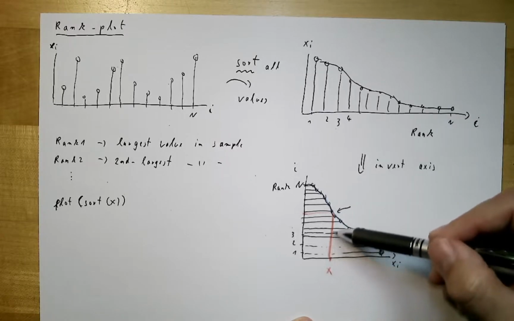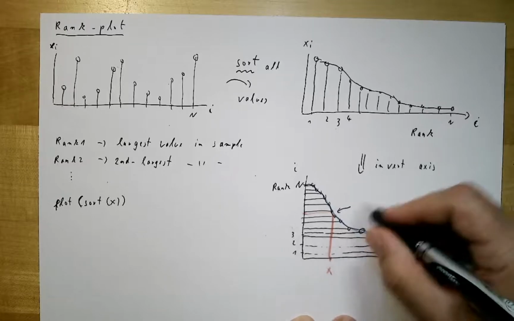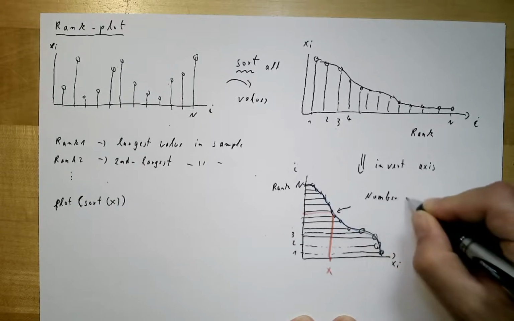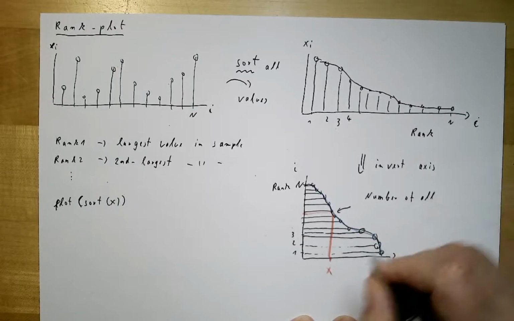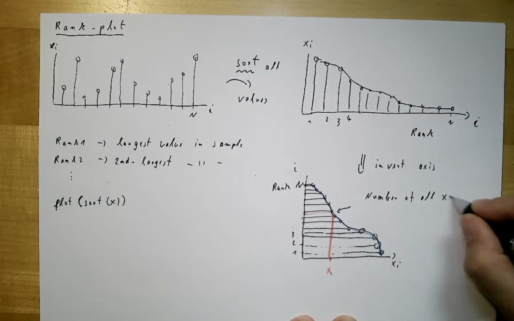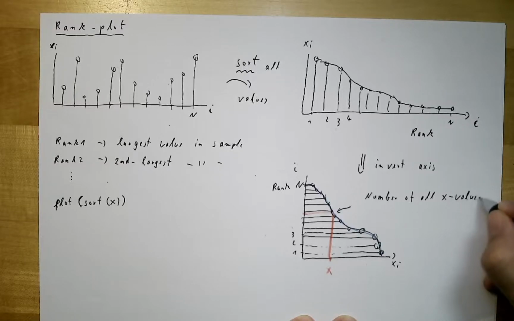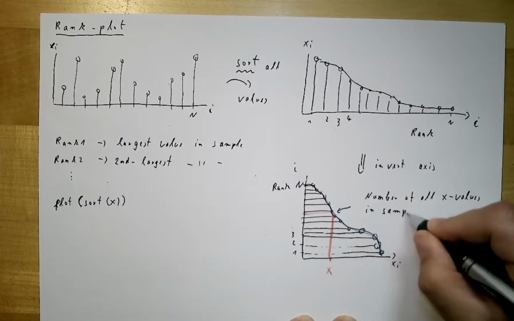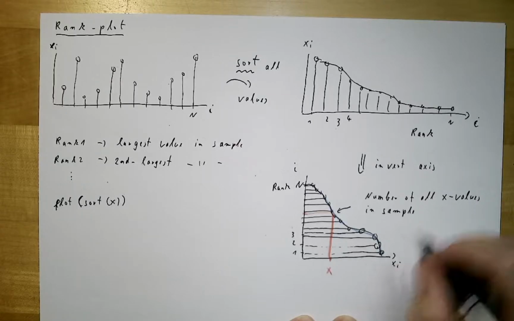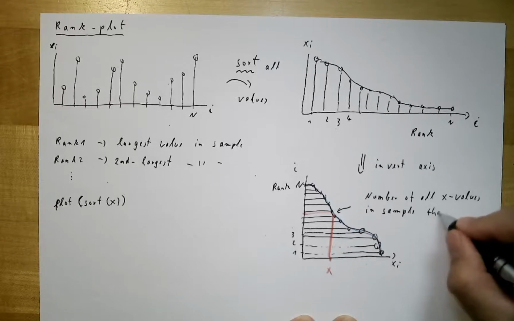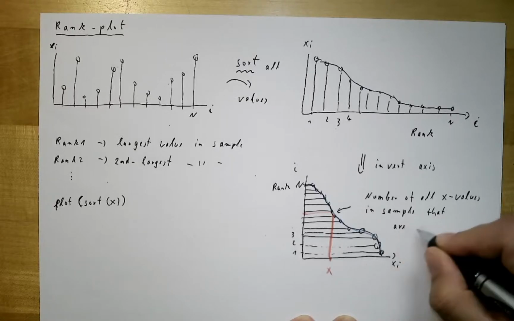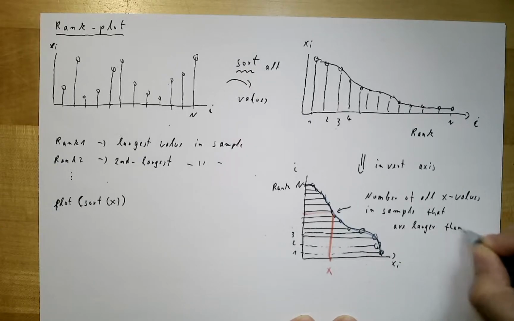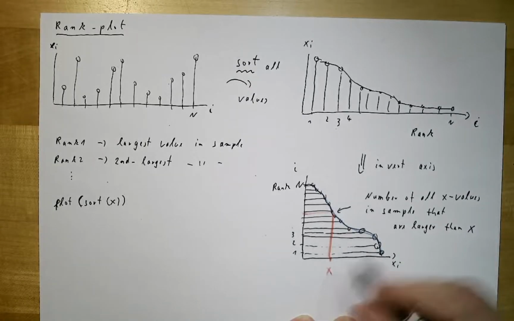So we see here a count, and this gives us the number of all x values in the sample that are larger than our position x.